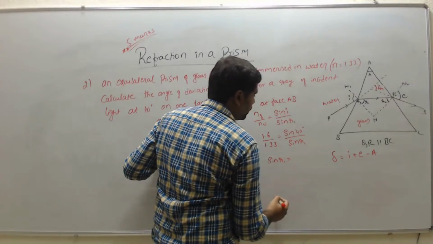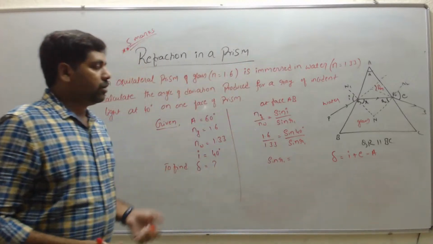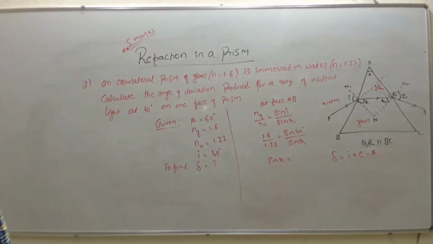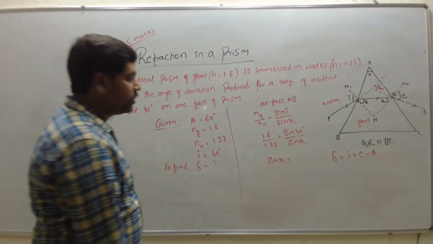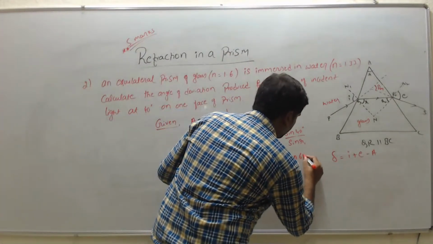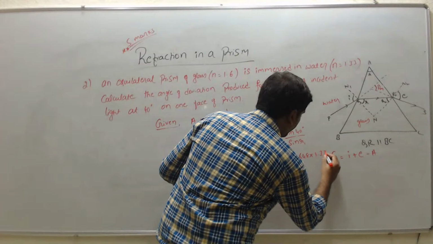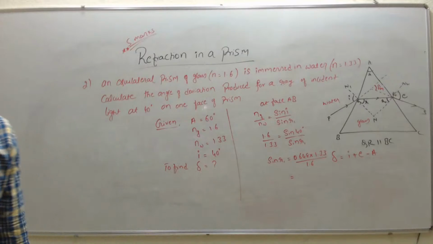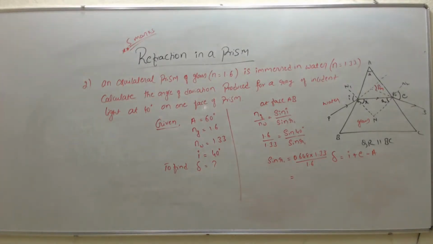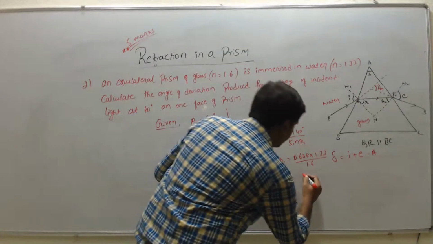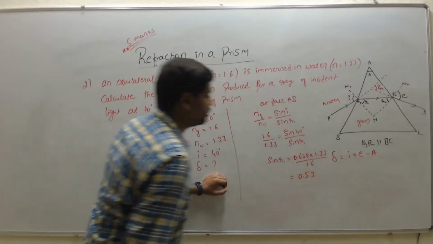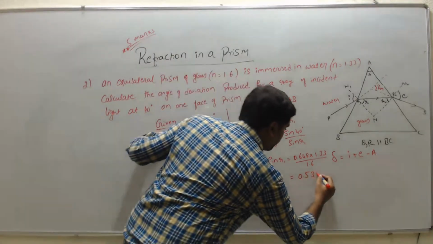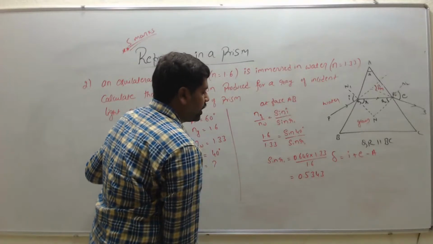So sine R1 equals, taking the value of sine 40 degrees from the log book, 0.648 into 1.33 divided by 1.6. If we simplify, we get 0.5343.